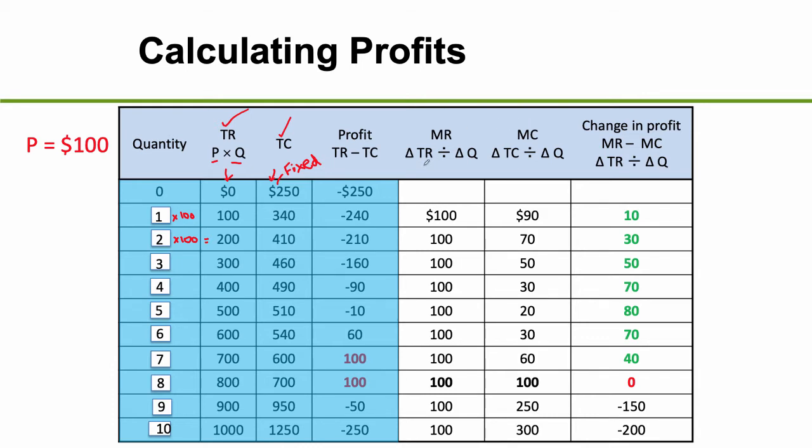Remember, marginal revenue is the change in total revenue divided by the change in quantity. So if we look at total revenue at 1, total revenue is 100. Here we are right here. When we go to 2, total revenue is 200. So our change in quantity is just 1.